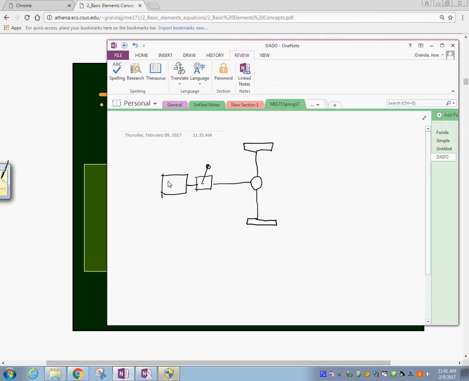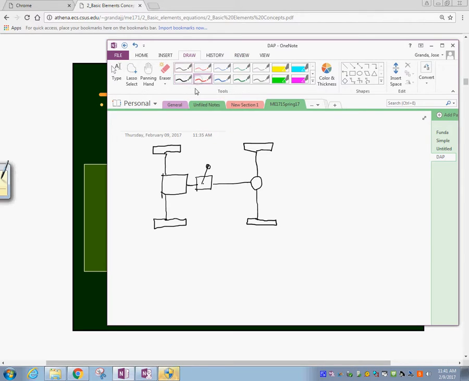This is connected, let's say this way, to make it simple. Okay, this entire model, once we recognize the elements, you can actually create.